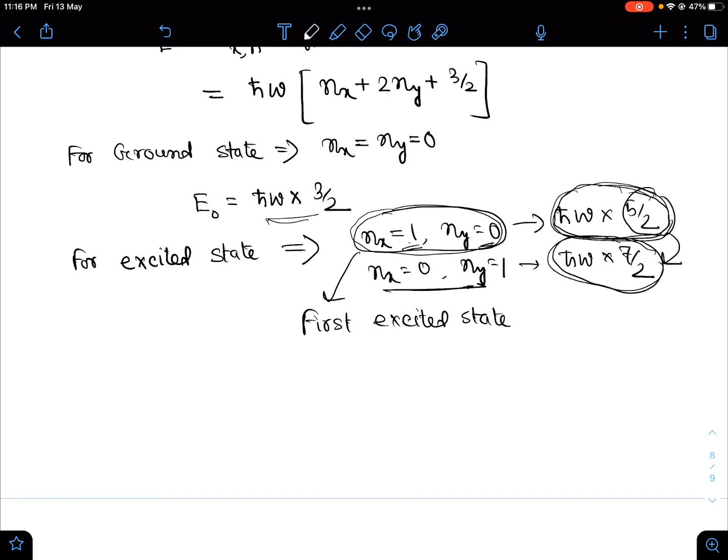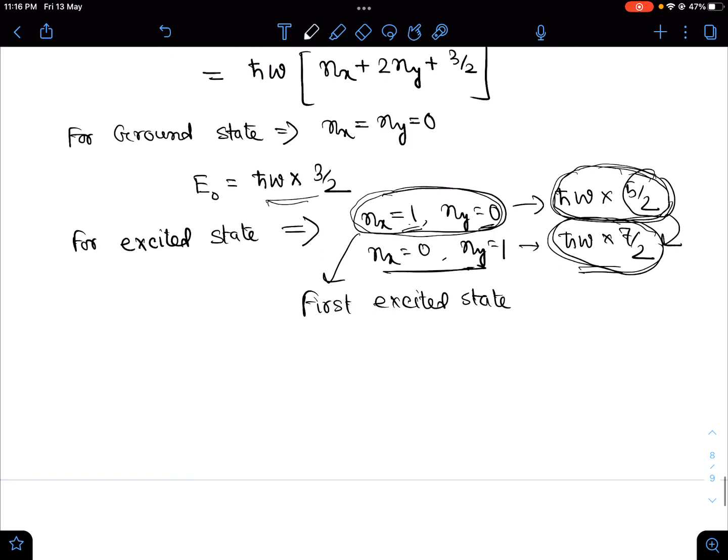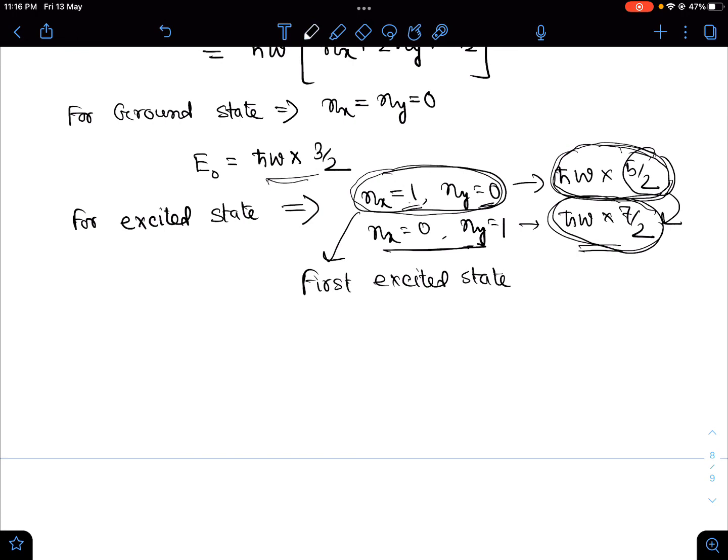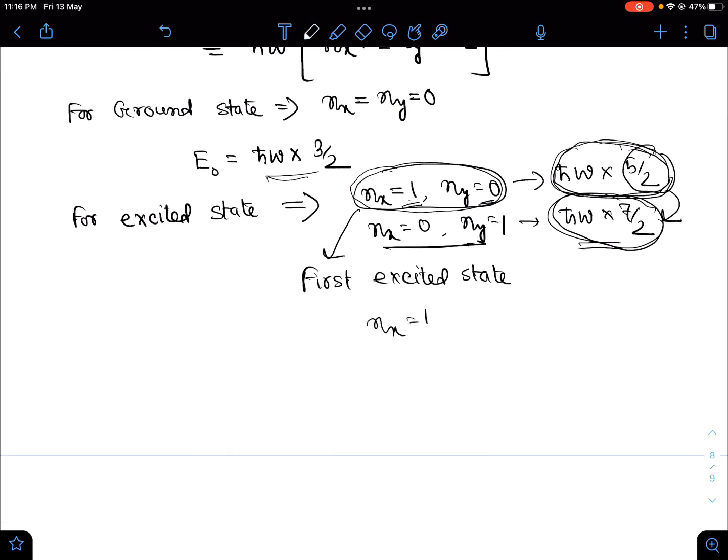Similarly, this is our second excited state, and now we can check different combinations of these two, like nx 1, ny 1, and nx 1 and ny 2, and all these combinations, and you can arrange the order of the quantum numbers for which the state will be first excited, second excited, third excited, and so on.